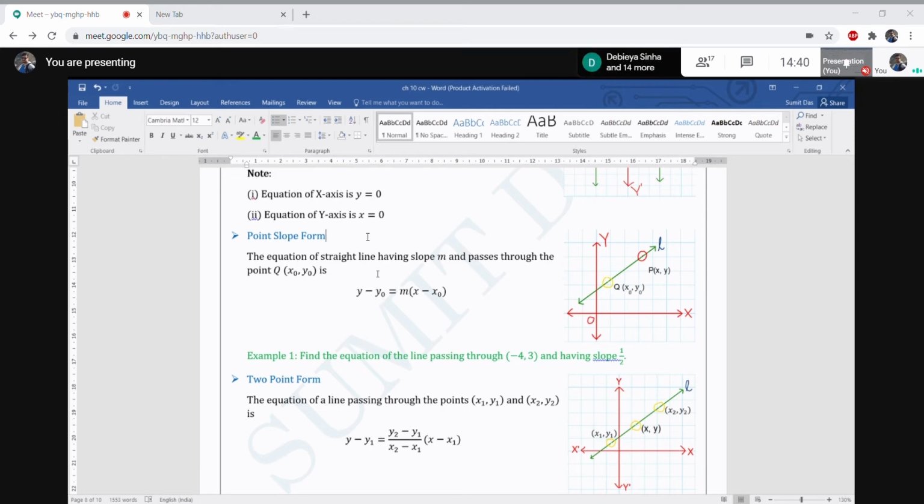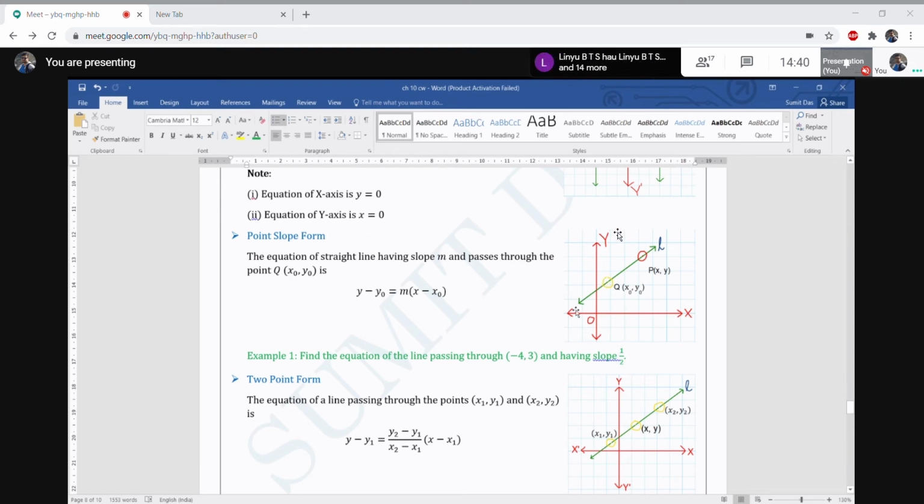In the previous part we were just finding collinearity, or checking whether lines are parallel. Basically we had to find the slope in the previous exercise or first topic. But in the second topic here we have to find the equation of the line.